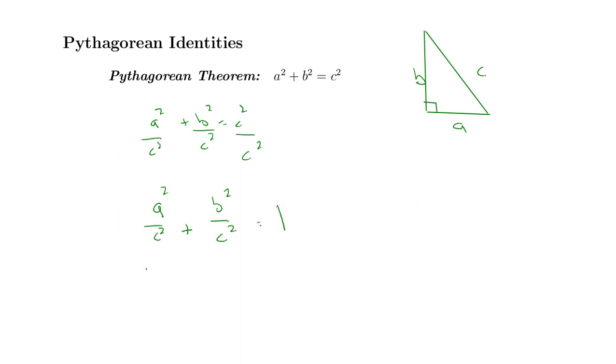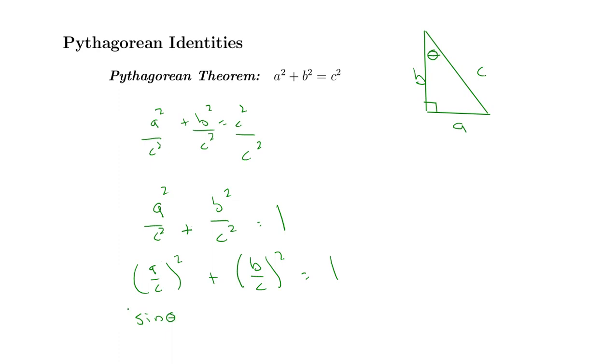A squared over C squared is really A over C squared. B squared over C squared is really B over C squared, and that's 1. Let me fix this A over here because that looks pretty bad. There we go. And what you might notice is that if we put our angle here, what is A over C? Well, that's our opposite side over our hypotenuse. This is really sine theta.